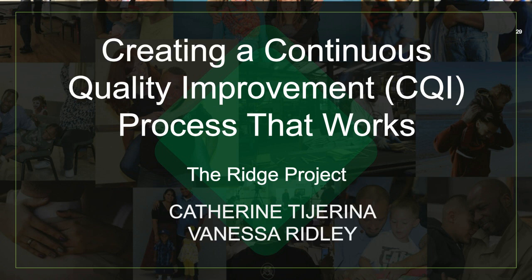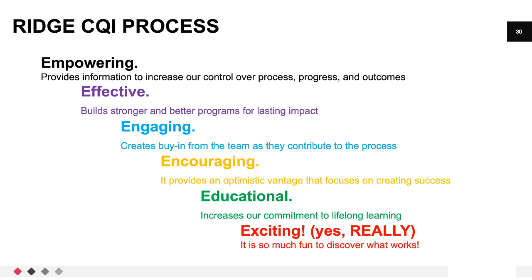And so here at the Ridge Project, everything we do, we incorporate CQI. We have an SRAE project, a Title V SRAE project, an OFA funded project, DOL, DOJ, and then some foundations. So we have all of these different projects going on.